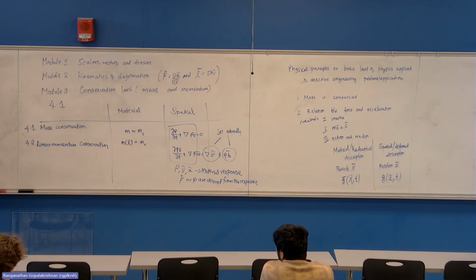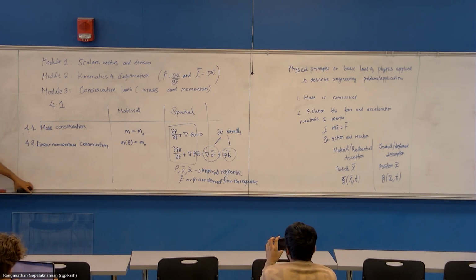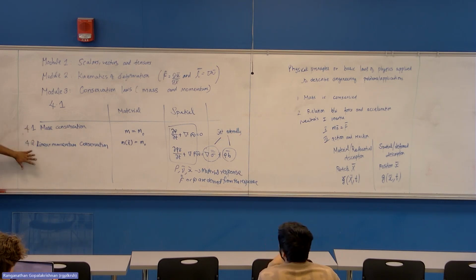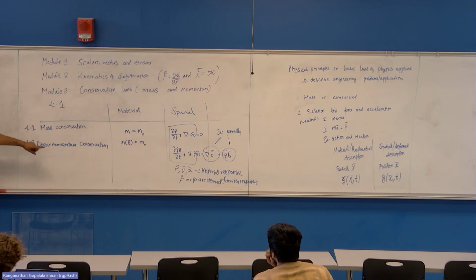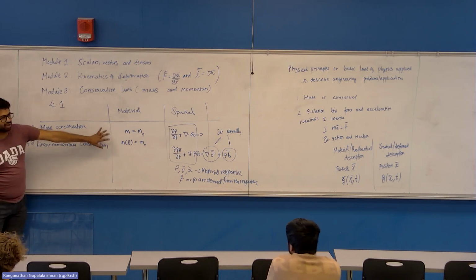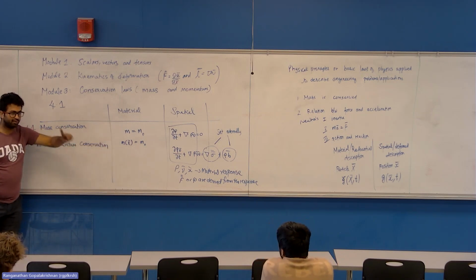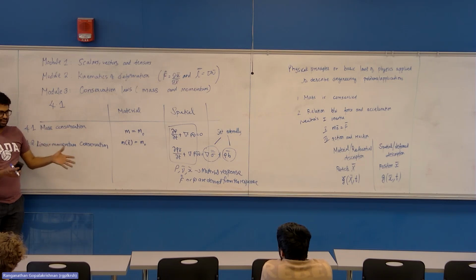So this is all sort of background. I'm going to keep this table here, because every time I finish deriving an equation, I'm going to come and put it here so that in the end you will have one table to see.